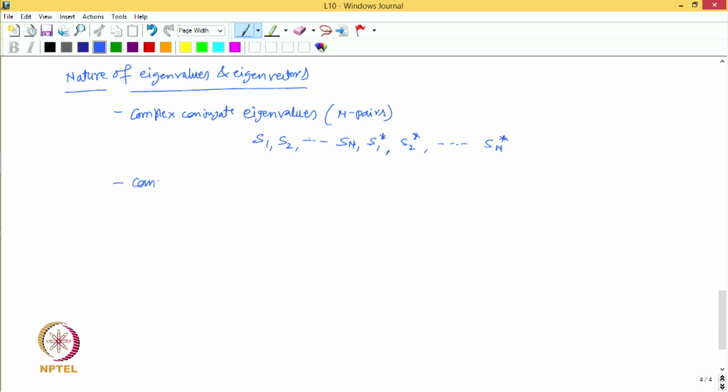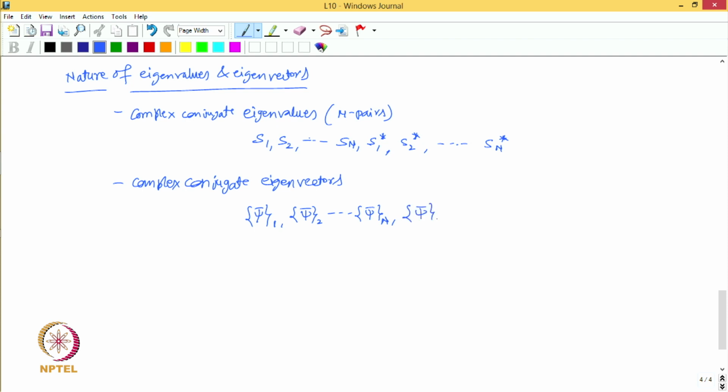So, we also have complex conjugate eigenvectors, right, and hence we have psi bar 1, then we have psi bar 2 going up to psi bar n, and then the next set of eigenvectors are complex conjugate eigenvectors.